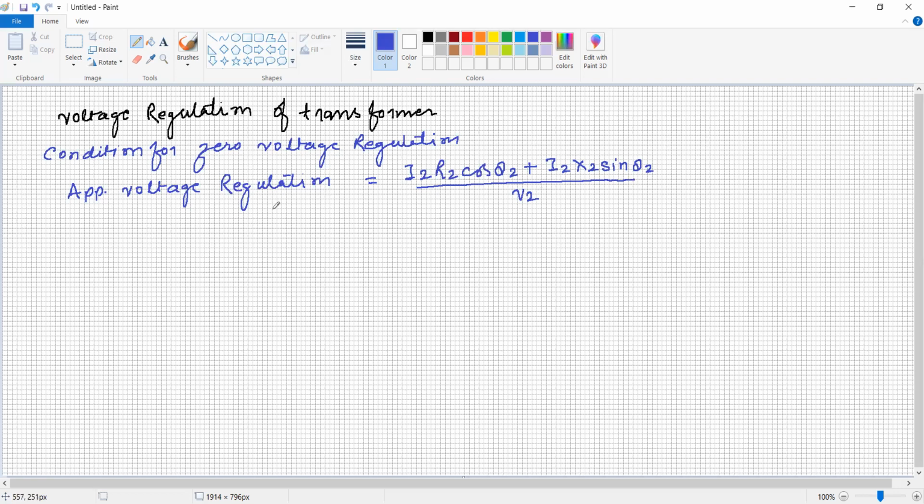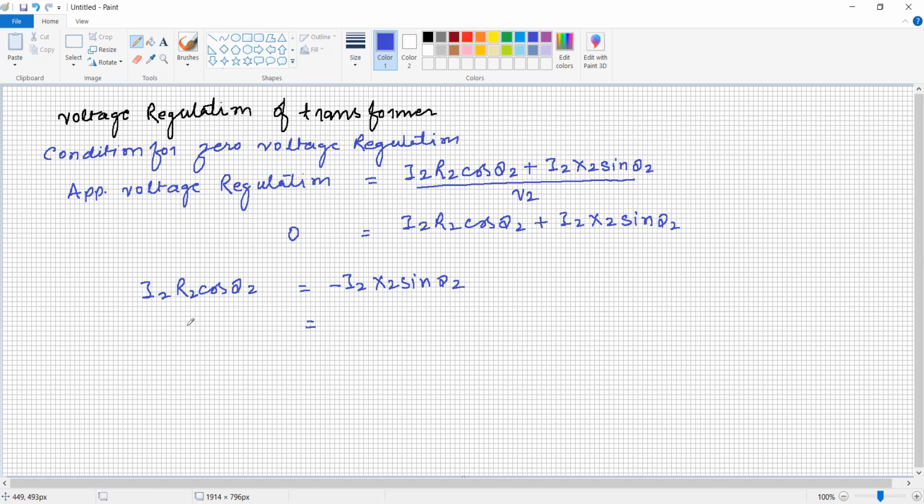So we want zero voltage regulation, so put 0 equal to I2 R2 cos theta 2 plus I2 X2 sin theta 2, or I2 R2 cos theta 2 is equal to minus I2 X2 sin theta 2.